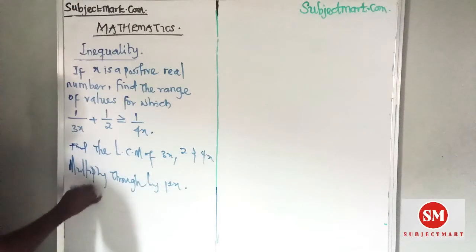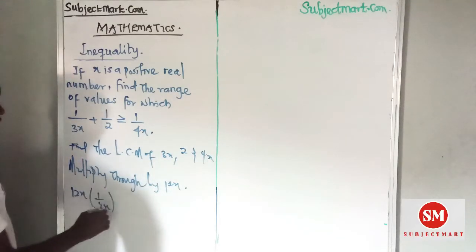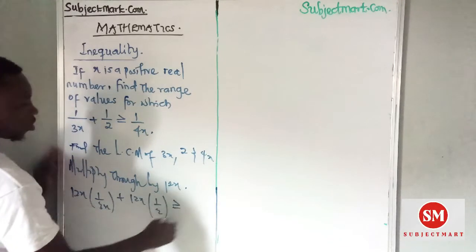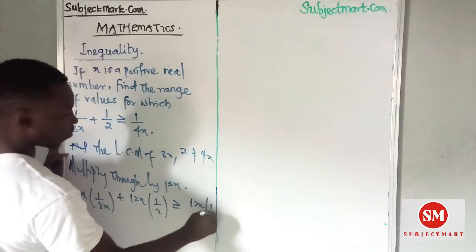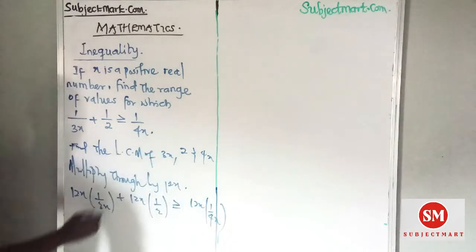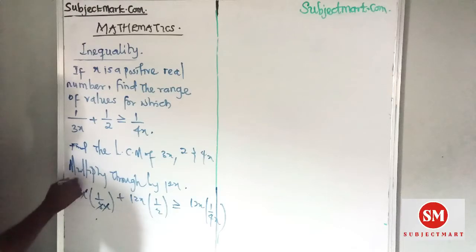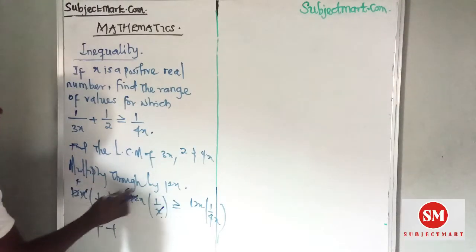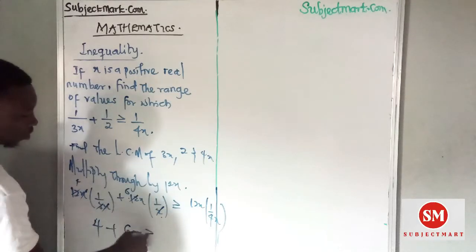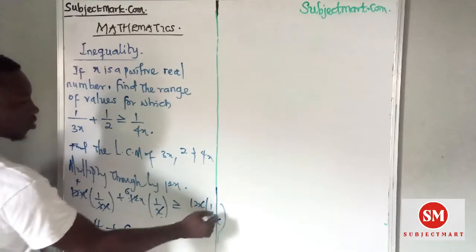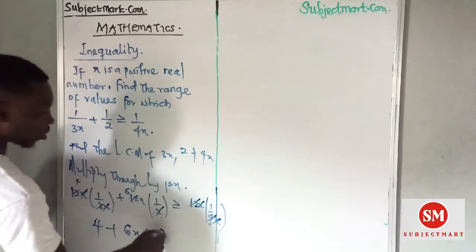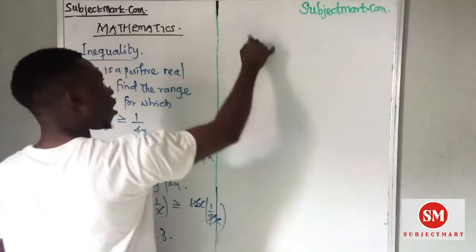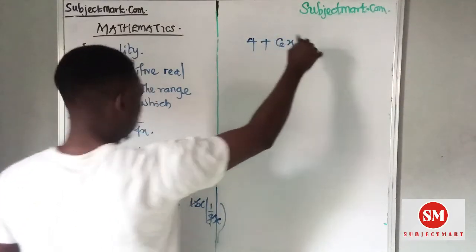So 12x times 1 over 3x, plus 12x times 1 over 2, is greater than or equal to 12x times 1 over 4x. The x cancels x, 3 into 12 is 4, 4 times 1 is 4, plus 2 into 12x is 6x, 6x times 1 is 6x, greater than or equal to x cancels x, 4 into 12 is 3, 3 times 1 is 3. So 4 plus 6x is greater than or equal to 3.